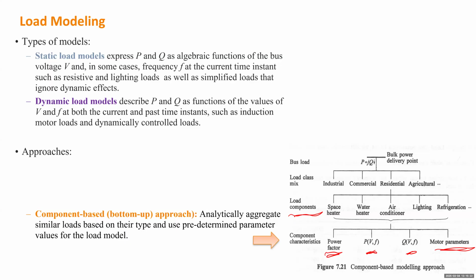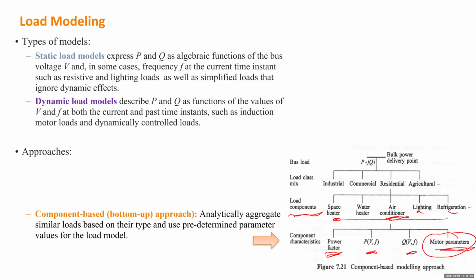It is pretty much a heater load, a resistive load. But for an air conditioner, it needs a power factor, P and Q, or you just take the structure of the motor load, because an air conditioner will be pretty much based on induction motors. And there could be some other different types. So basically each component will be modeled using the characteristics we define at the bottom level.